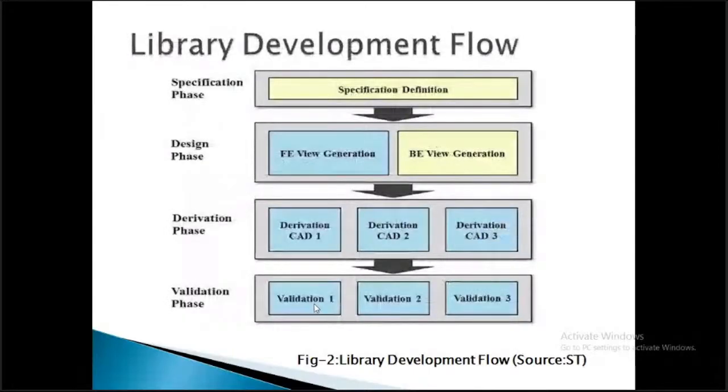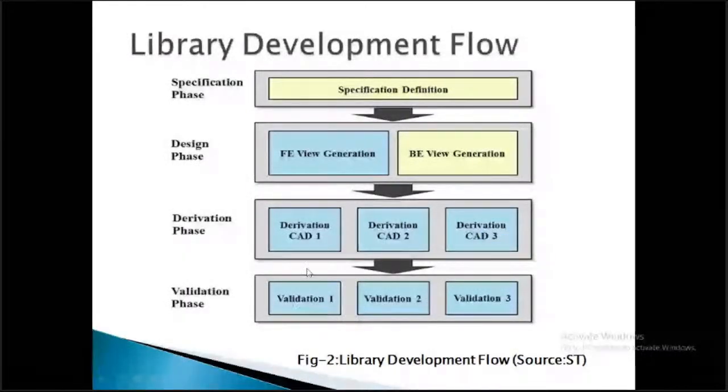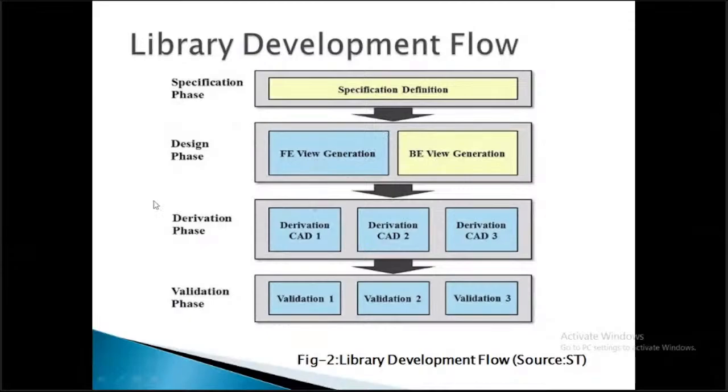So what we have seen: first is the specification level, then we go for the front end view generation, then back end view generation, and then we derive the CAD views. If we are developing one standard cell, we have used standard cells here, but they also get developed somewhere, right? So someone is developing the standard cell, and it generates all the back end and front end views.